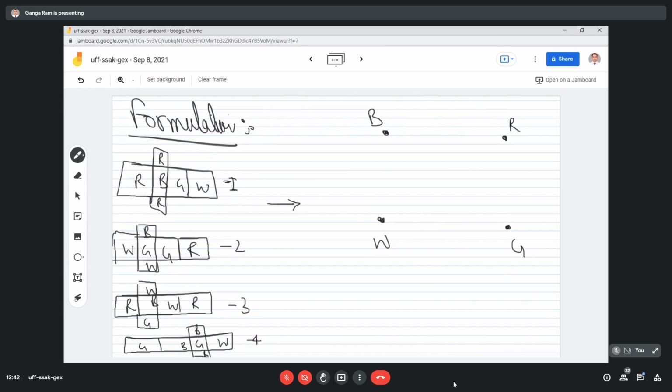For example, in this cube, what is the opposite of R? This face. The opposite of this face is green.